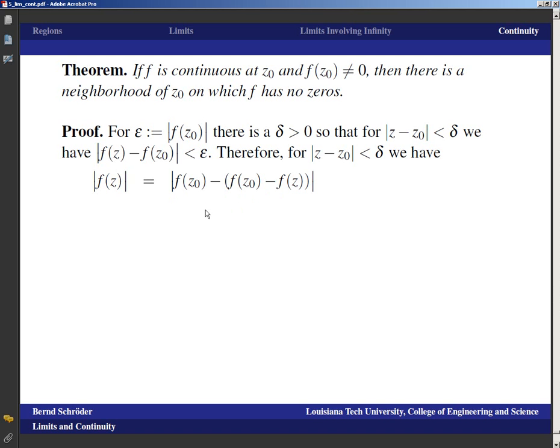So those two are equal. Our new best friend, the reverse triangular inequality, says that this is greater than or equal to the absolute value of f of z0 minus the absolute value of the rest, which is f of z0 minus f of z.